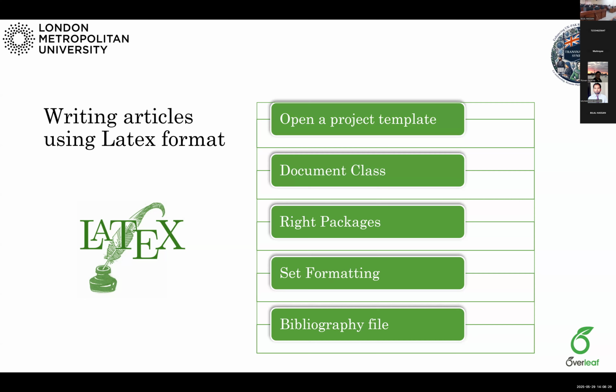Then next is the format: a specific format for including figures, and a specific format for including a table. So we need to set the formatting, and then finally we have to add the bibliography file. The bibliography file also we can do in two different ways. So I'll show you the most efficient way.